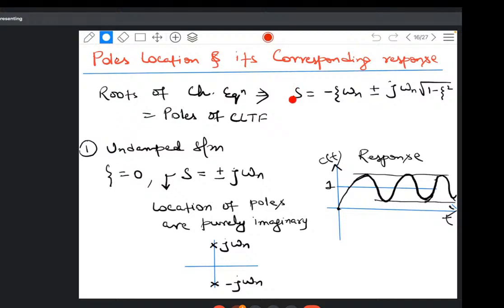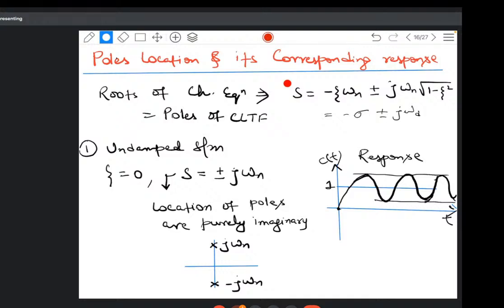The standard second order system was written as S equals minus zeta omega n plus minus j omega n under root 1 minus zeta square, that is minus sigma plus minus j omega d. And I know that the roots of the characteristic equation will give me the poles of the closed loop transfer function.